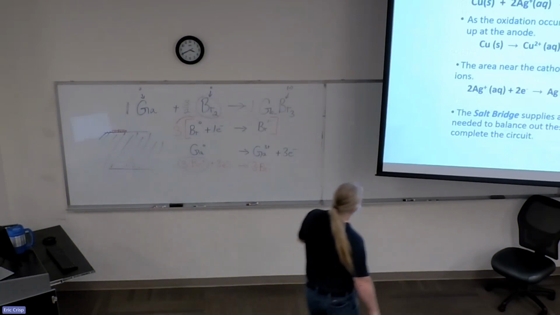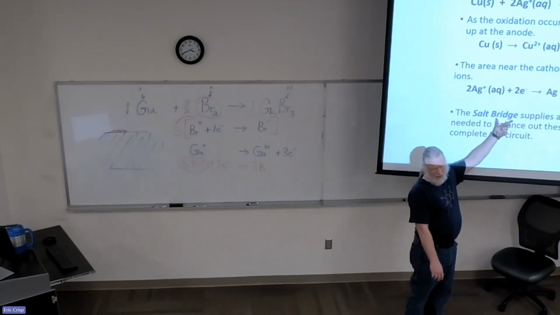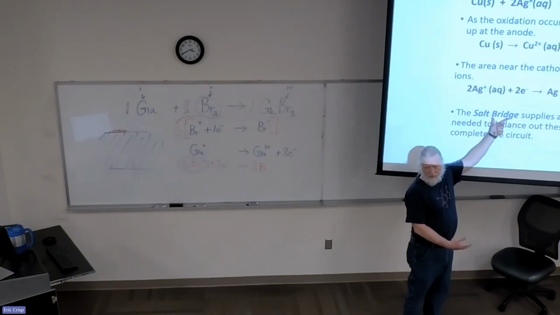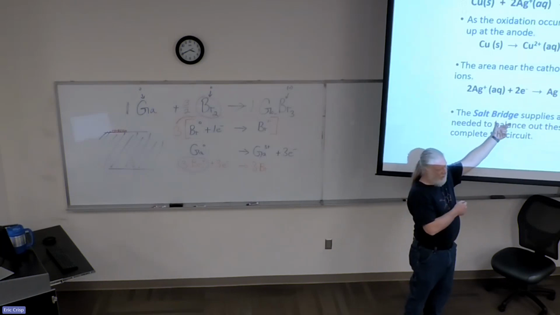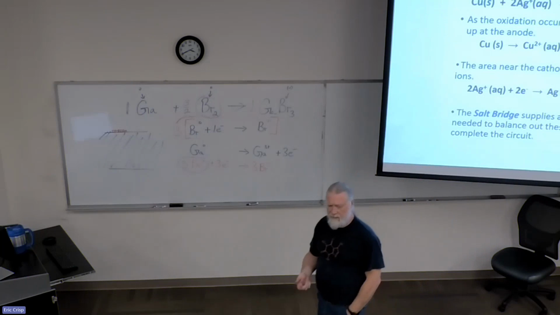And then you notice that there's another piece in here called a salt bridge. If you have any physics, you know that a circuit needs to be a complete circuit, right? Think of that as what the salt bridge is, it's completing the circuit. Also, it's providing a flow for counter ions.